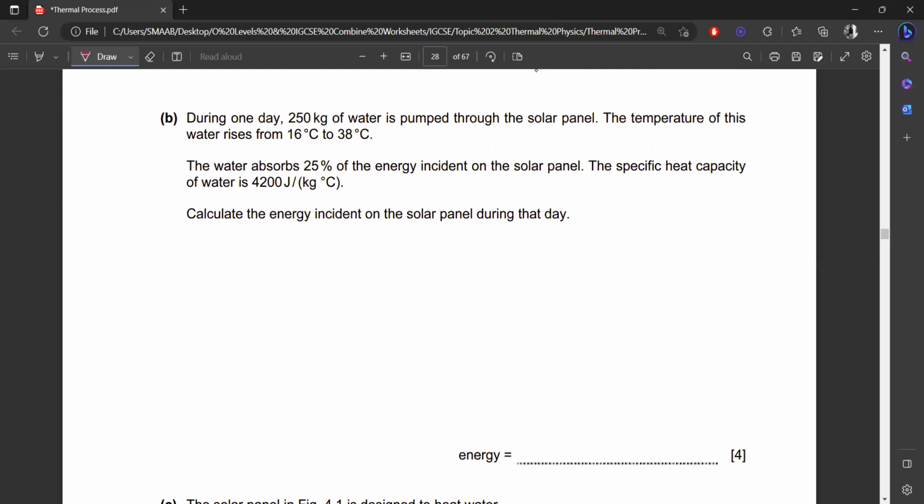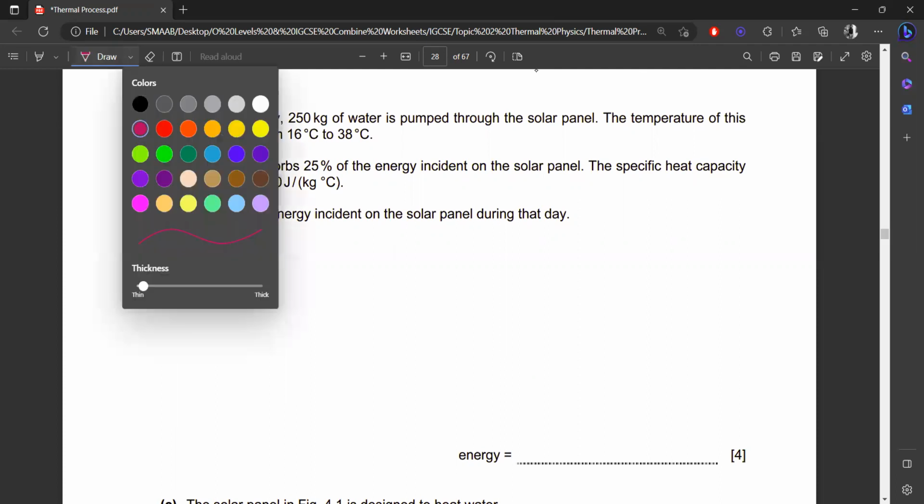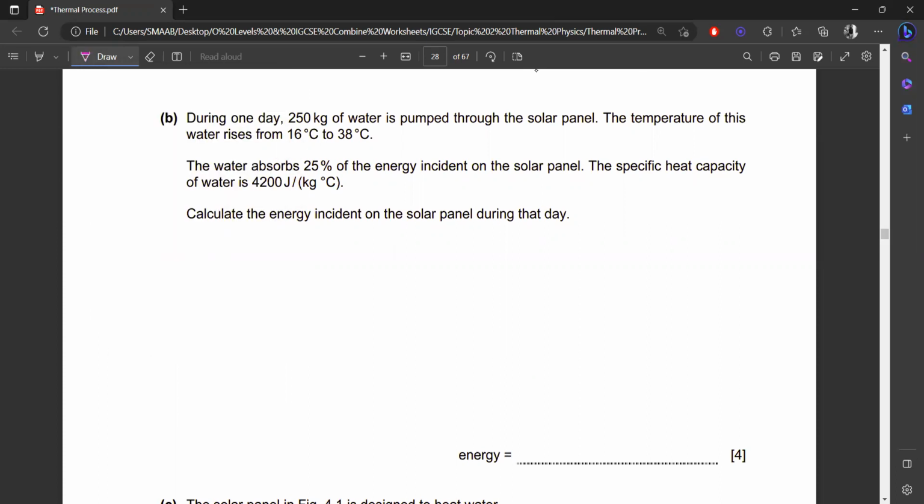So there is a temperature change. So temperature changes from 16 to 38. This will give you the value of change in temperature. This is the value of mass, and we are having a value of specific heat, and we have to find out the energy incident on the solar panel during daytime.